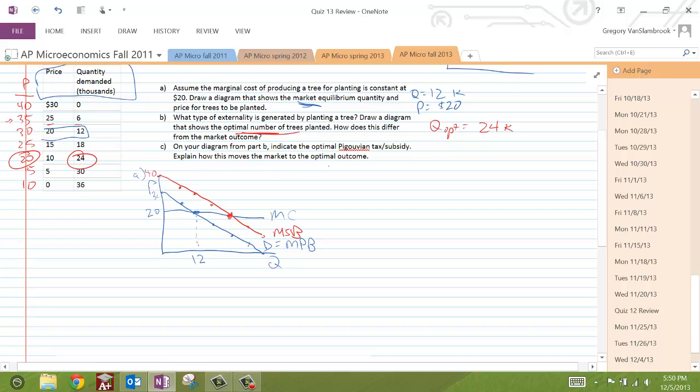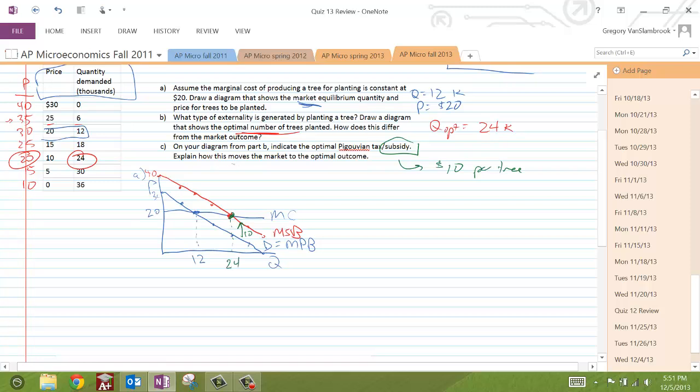So again, whenever we have a Pigouvian tax or subsidy, it's just equal to the amount of the externality. So since it's a positive externality, we want it to be a subsidy. And if we subsidize consumers $10 per tree, then that will shift the demand curve up by $10, which we've already shown, so that the private demand is equalized with the marginal social benefit, which will then induce the market to create those 24 units.